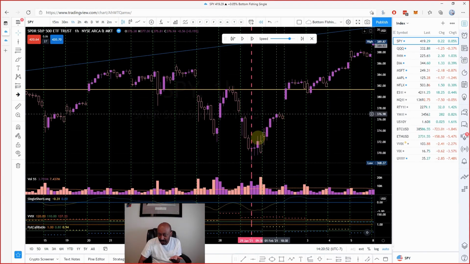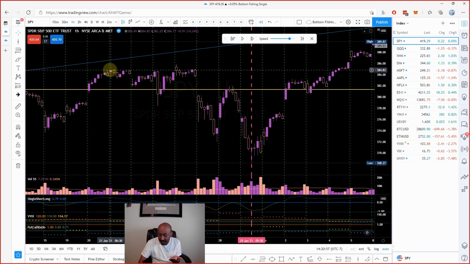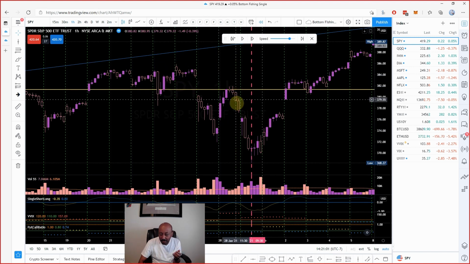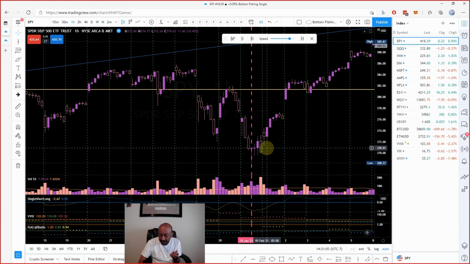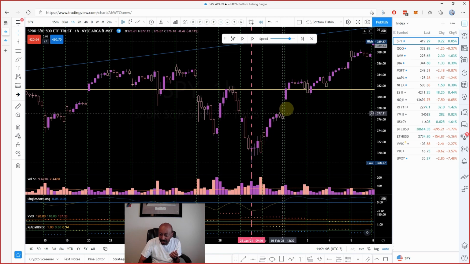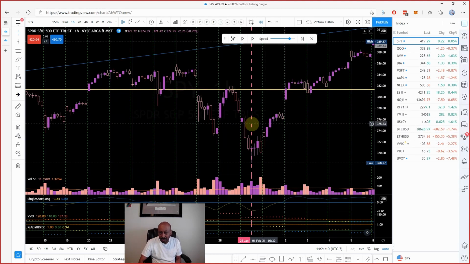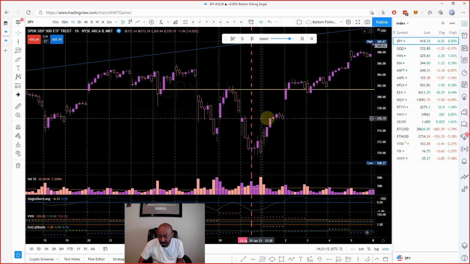Higher high from where you come from, not from all the way to the top. You're starting to make new highs, new lows, and you're starting to move up. So that's the structure you want to break. And this candle closes above this line.